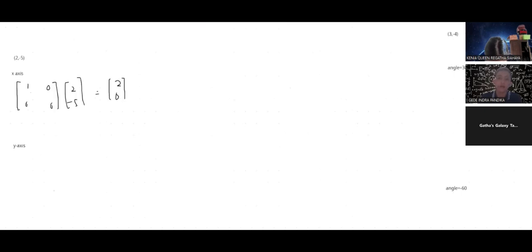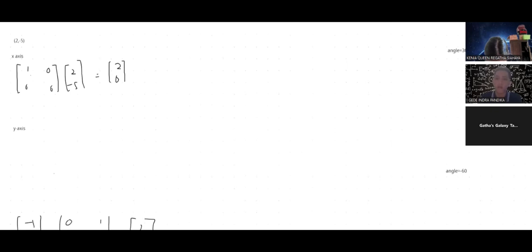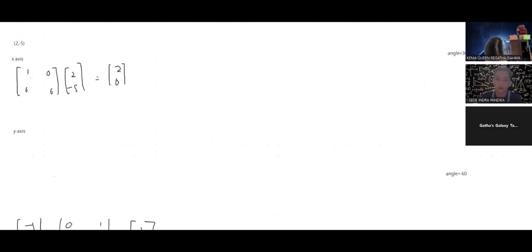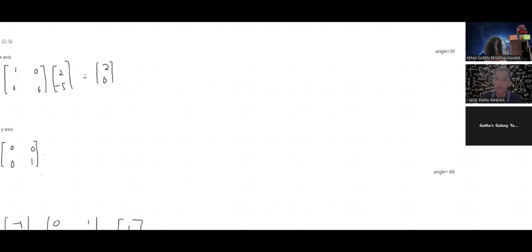And question number 2 is the orthogonal projection onto the y-axis. Same as before, we have to multiply the y-axis standard matrix, which is 0, 0, 0, and 1, by the vector 2 and minus 5.